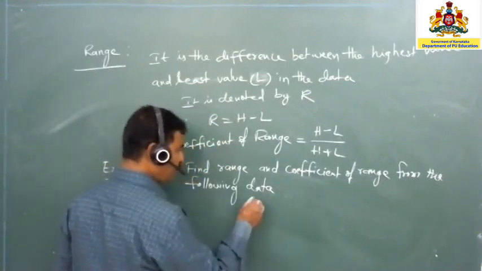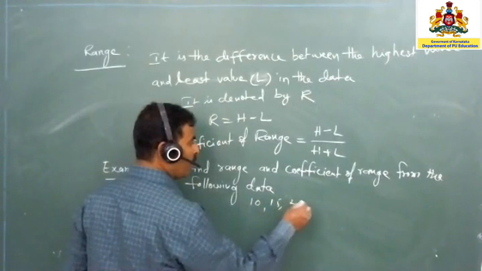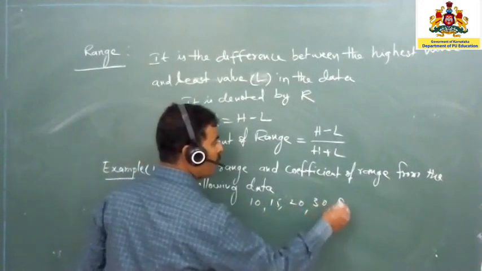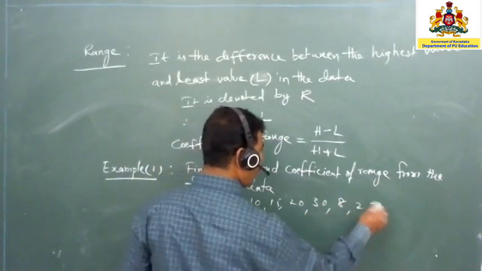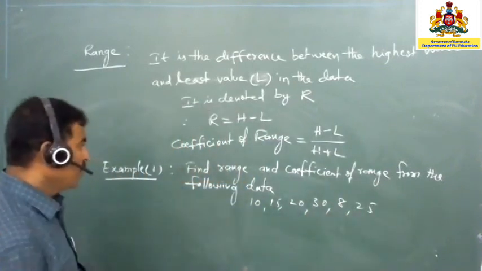Data is 10, 15, 20, 30, 8, 25. How many observations? 6 observations.